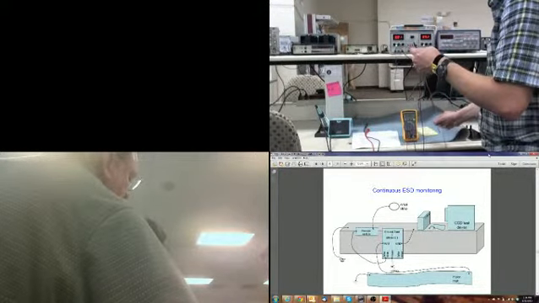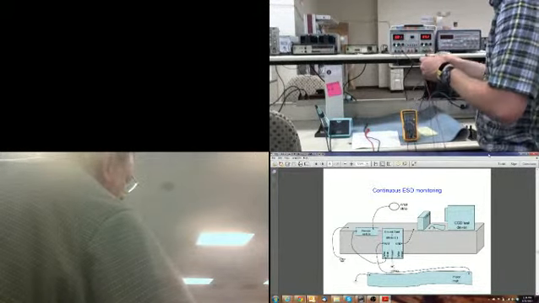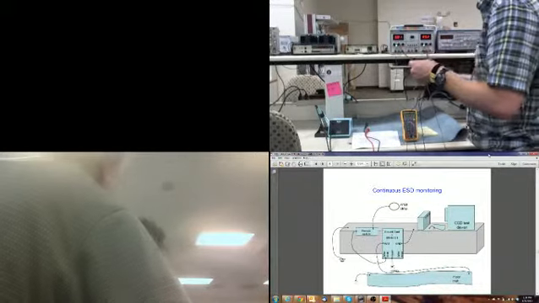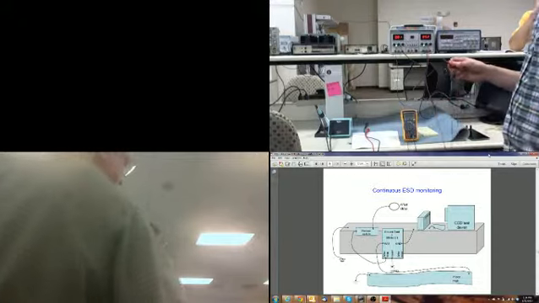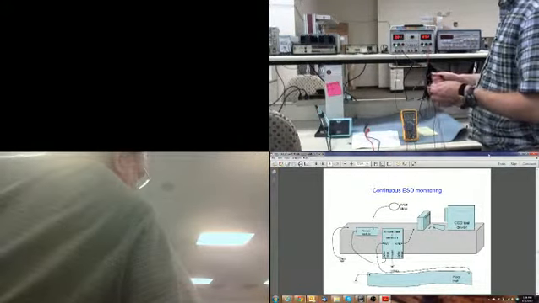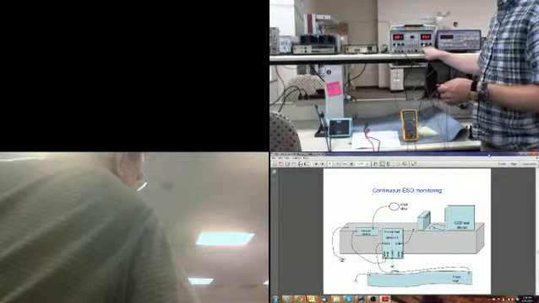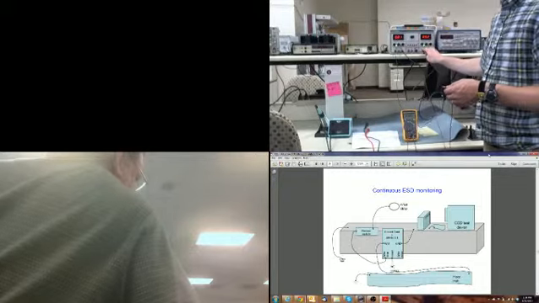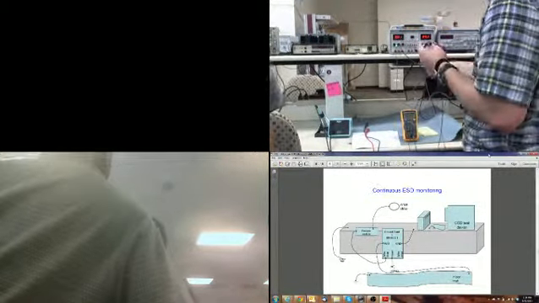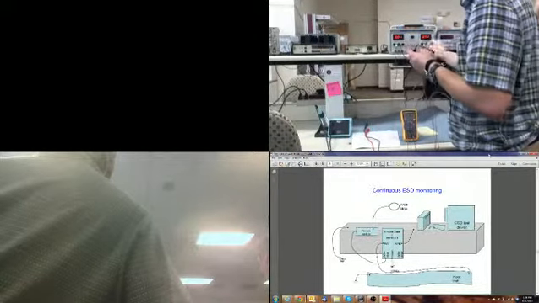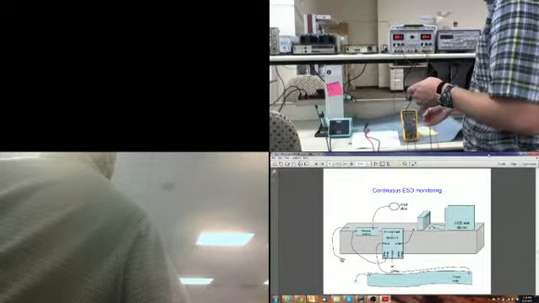But the problem is this amp meter may be blown up, because a lot of times the fuse is blown. If you try to measure current and you stick it right across here in parallel, it's going to blow the fuse. So can somebody give me another, maybe that one over there? We'll try another one.